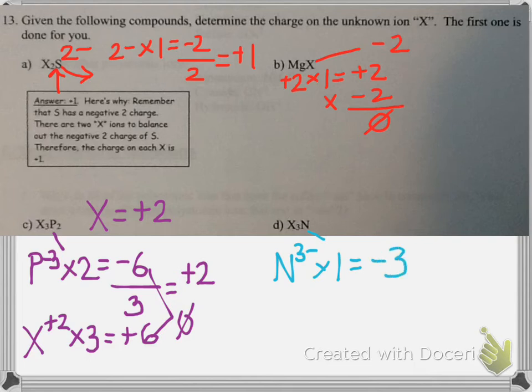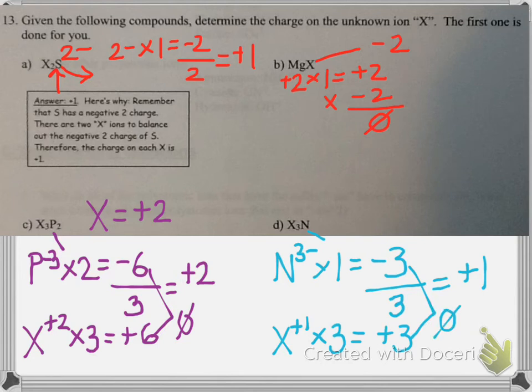Now, there are 3 of these X's, so I'm going to divide by 3. That means that each X has a +1 charge. So if X has a +1, and there are 3 of them, that gives me a +3 charge, and I get an overall neutral charge. So X has a charge of +1.